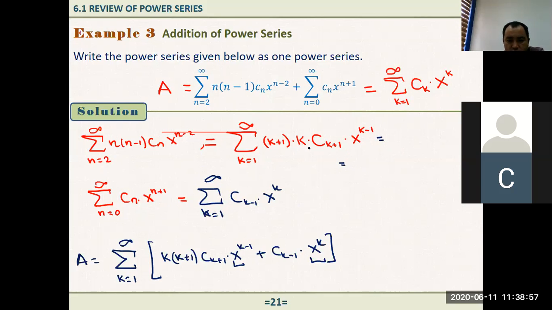When k is equal to 1, here we have 1, here we have 2, 2 c sub 2, plus I can just write it as sigma k equals 2 to positive infinity, because the first term is here. Here we have k plus 1, c sub k plus 1, x to the power k minus 1.